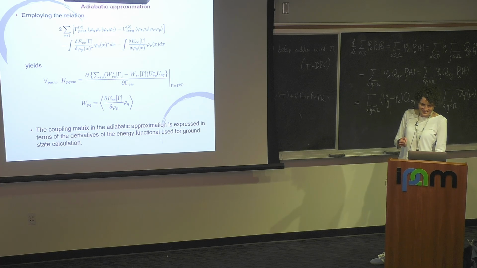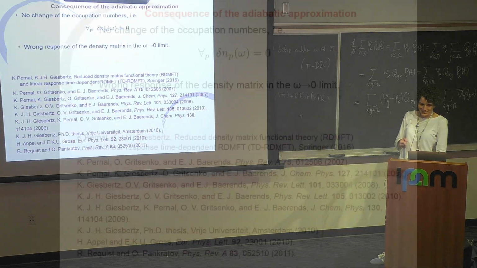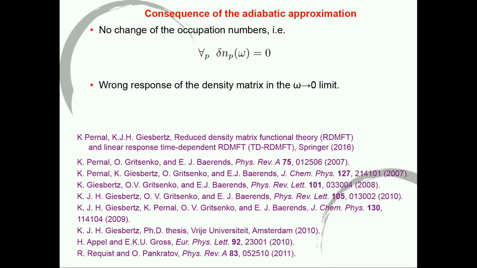The immediate unpleasant consequence of this adiabatic approximation is not that obvious. There has been a lot of debate about it, but it seems true that if you adopt this adiabatic approximation, you immediately lose the time dependency, or the response, of the occupation numbers.